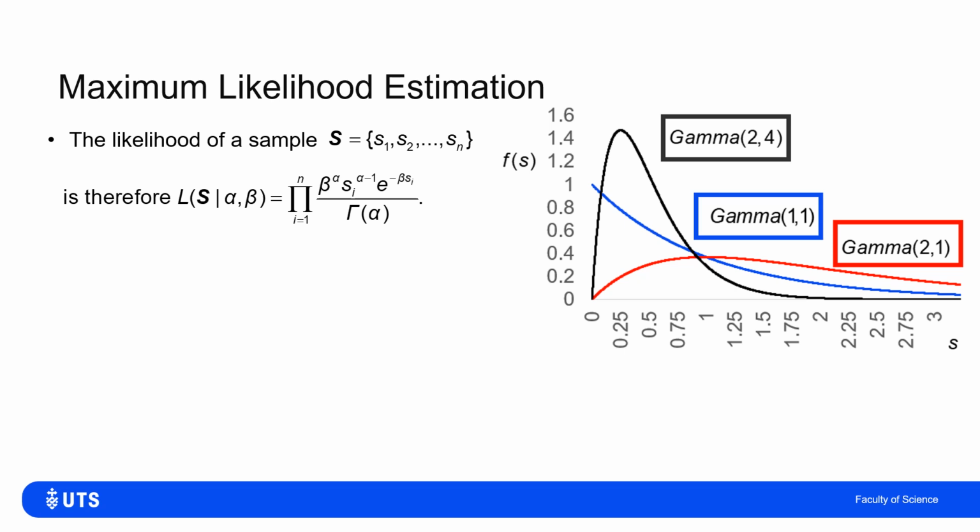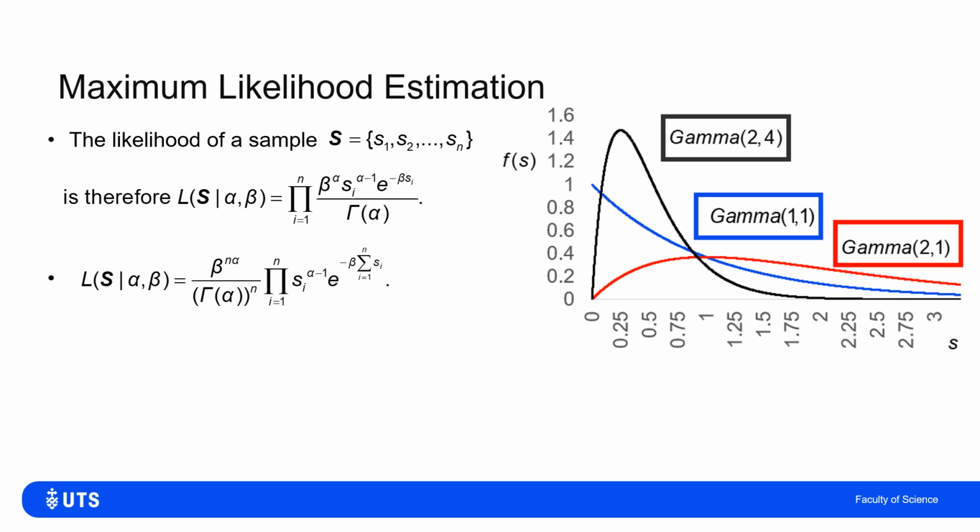Well, the first thing we would do is write down the likelihood of observing the sample S1, S2, up to Sn. This is just the product of the probability densities evaluated at the point S1, at the point S2, at the point S3, and so on. Now, when I tidy this up, I'm going to pull through the product sign anything that doesn't depend on the observation itself.